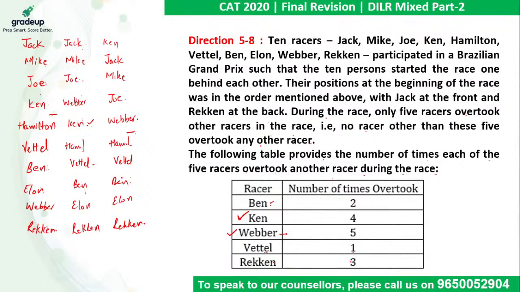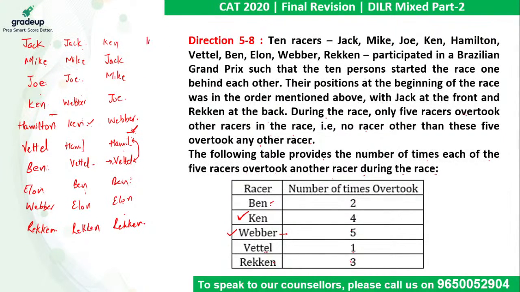And when Ben moves 2 steps above, Ben will come here, and definitely it must have crossed Vettel also, because Vettel crossed only 1 person, which means their positions will get interchanged here, right? And Raikkonen has crossed 3, which means Ian and Ben got crossed along with this person here, whoever is here.